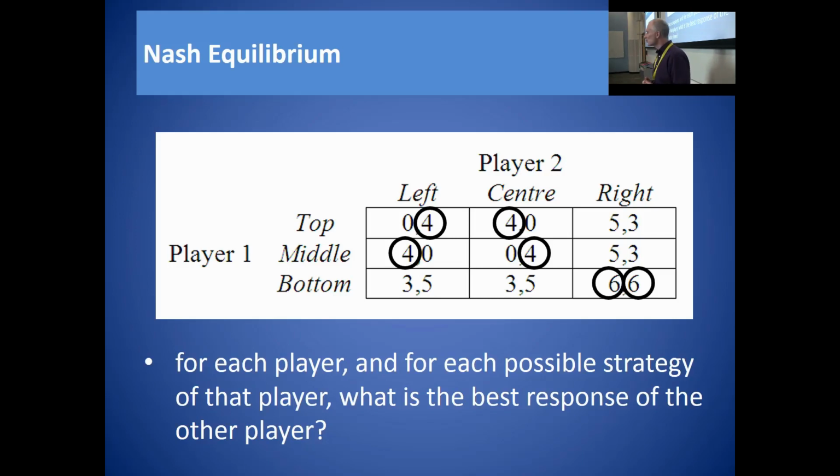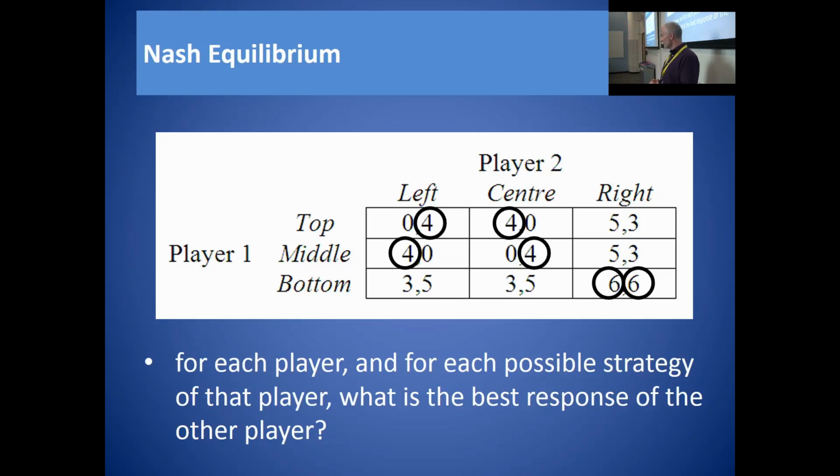Now, what do those circles denote? Those circles denote a best response, an optimal response from one of the players. But there's only one cell where both of these circles coincide. Hence, there's only one combination of strategies where both players are choosing a best response. And where both players are choosing a best response is a Nash equilibrium.